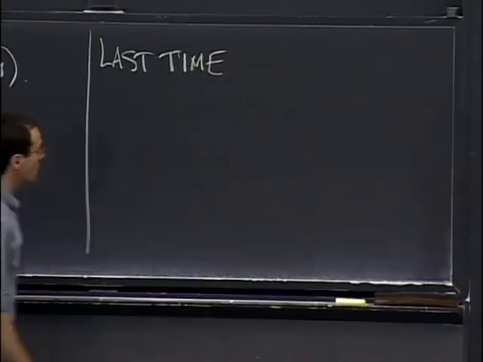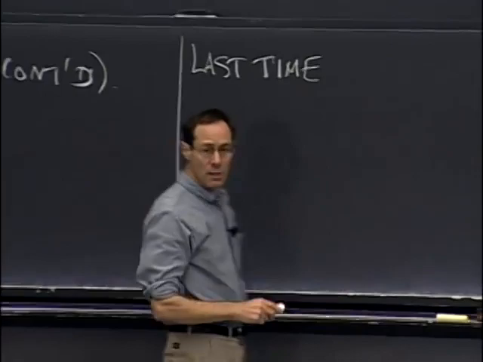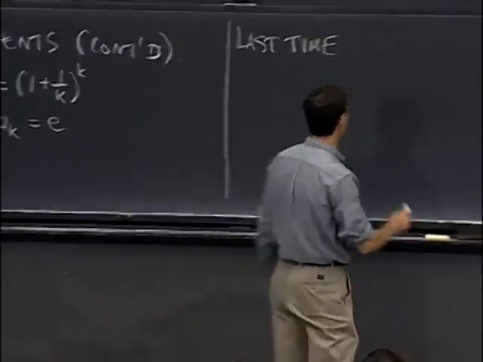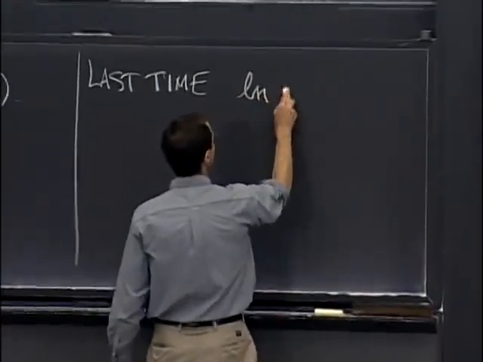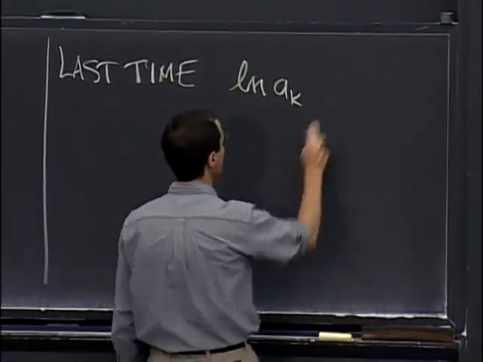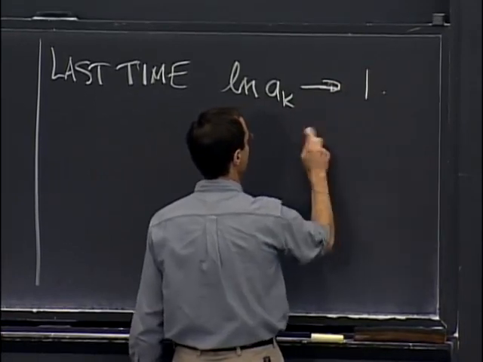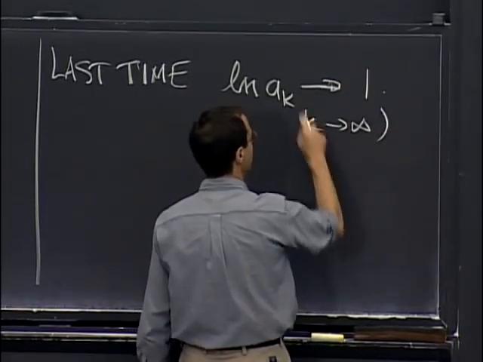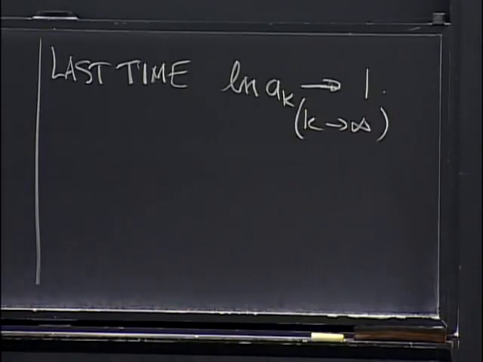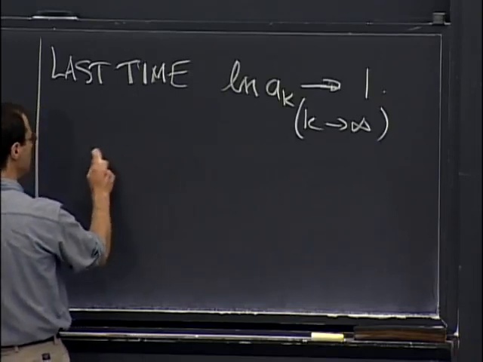So I'll just remind you what we did last time. The first observation was to check, rather than the limit of this function, to take the log first. And this is typically what's done when you have an exponential, when you have an exponent. And what we found was that the limit here was 1 as k goes to infinity. Now, I just wanted to be careful and show you exactly what the next step is.